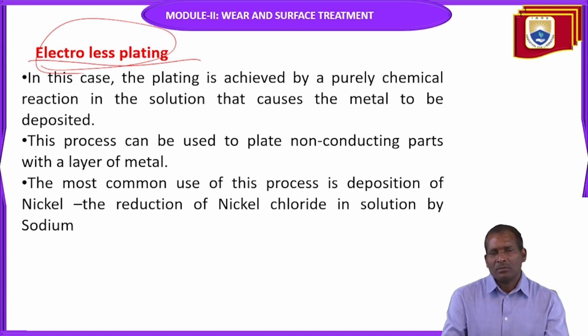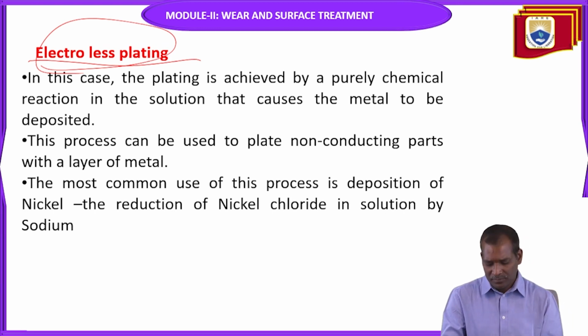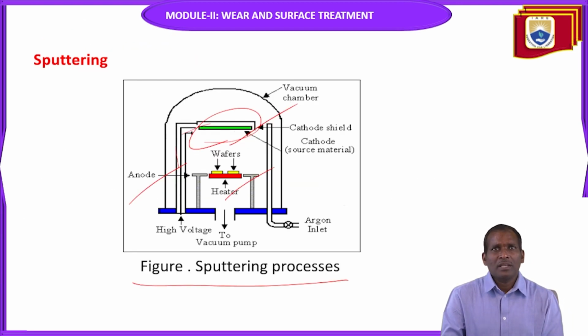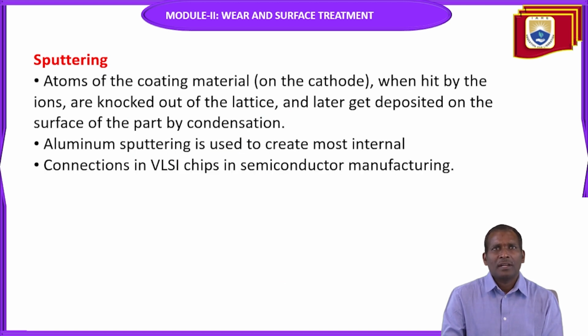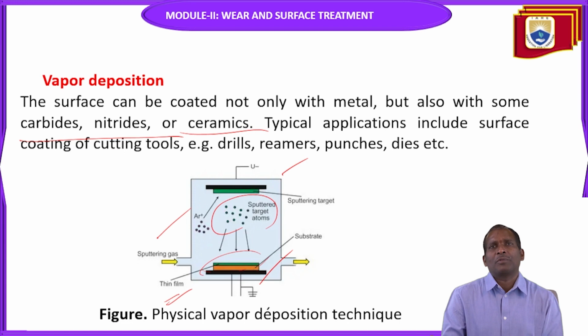So this type of process is called the electroless plating method. Previously we have seen sputtering and vapor deposition methods.